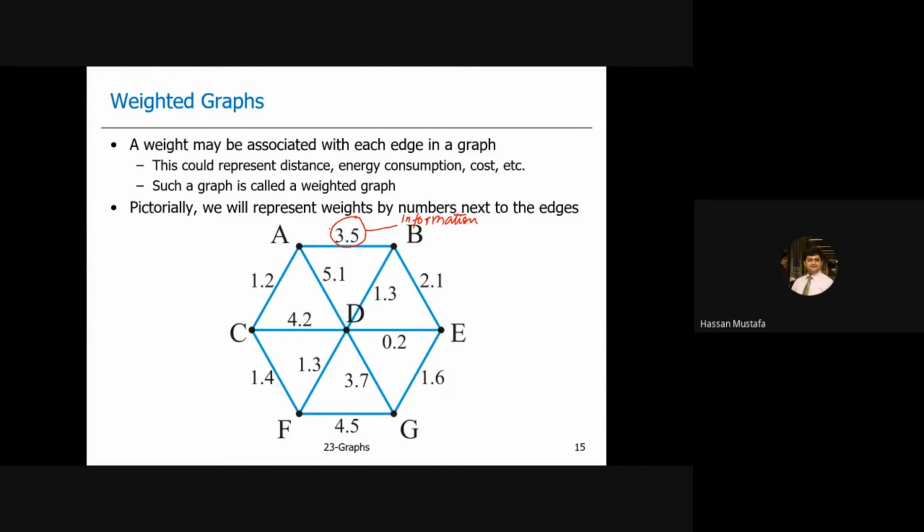So here, for example, like a distance, we can say that A and B are two cities that are 3.5 miles away from each other.